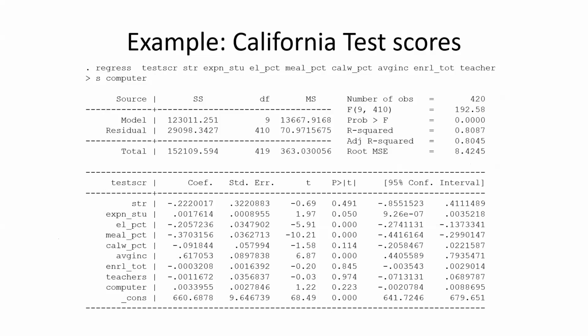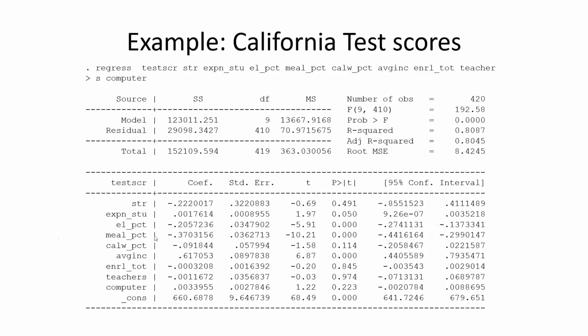Then we have two significant variables, meal percentage and English learners percentage. If you have a lot of students that qualify for meals, so lower socioeconomic status, then you tend to have worse test scores.